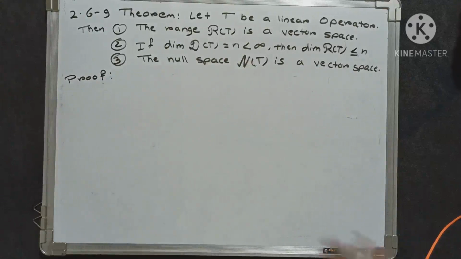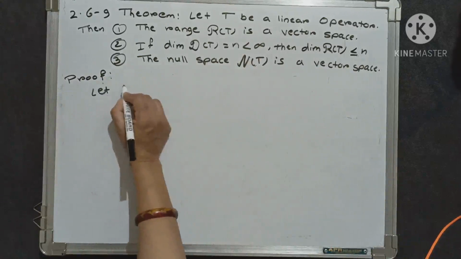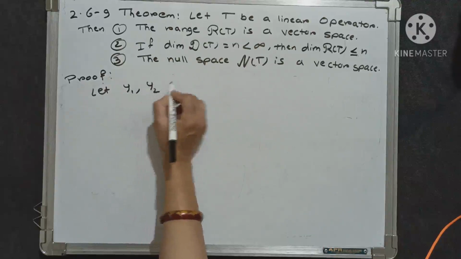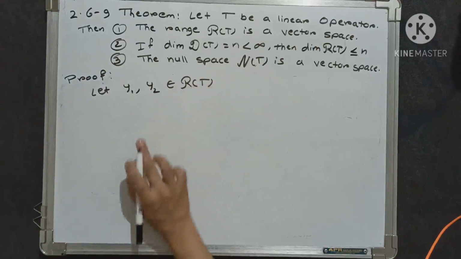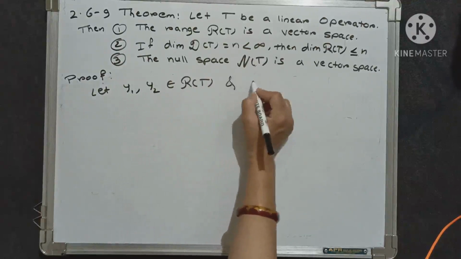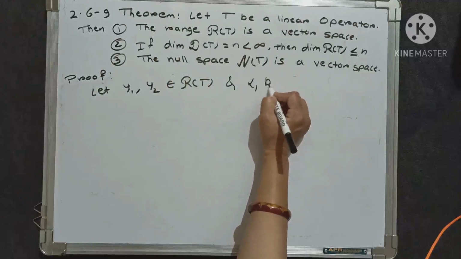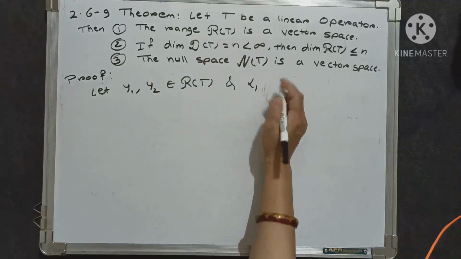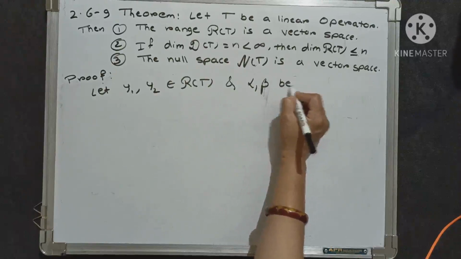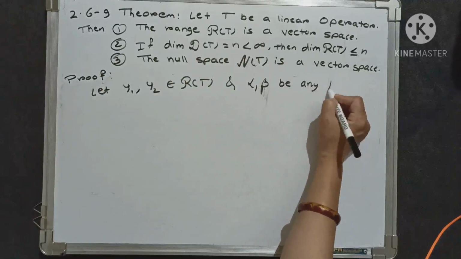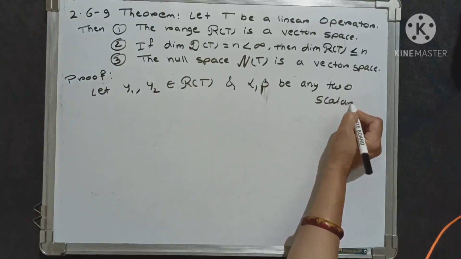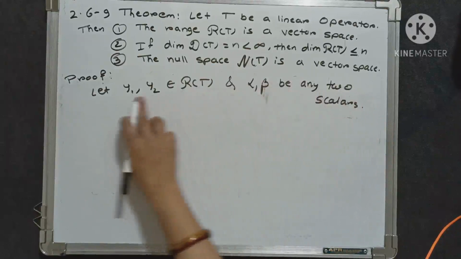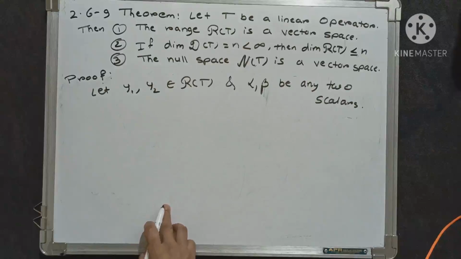So we start with the elements of script R of T. Let y1, y2 be any two arbitrary elements of script R of T, and alpha, beta be any two scalars.